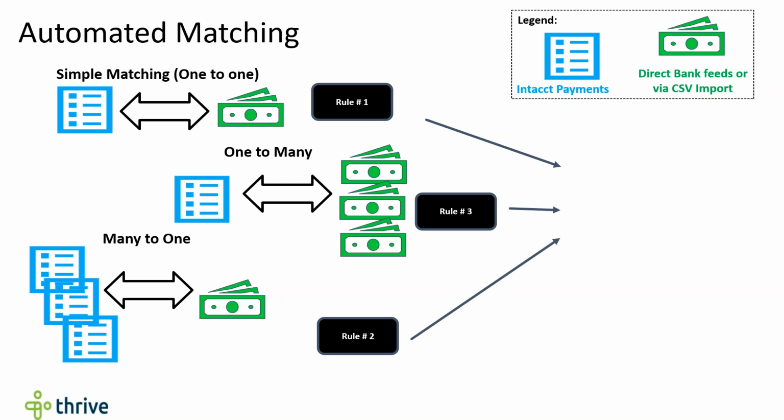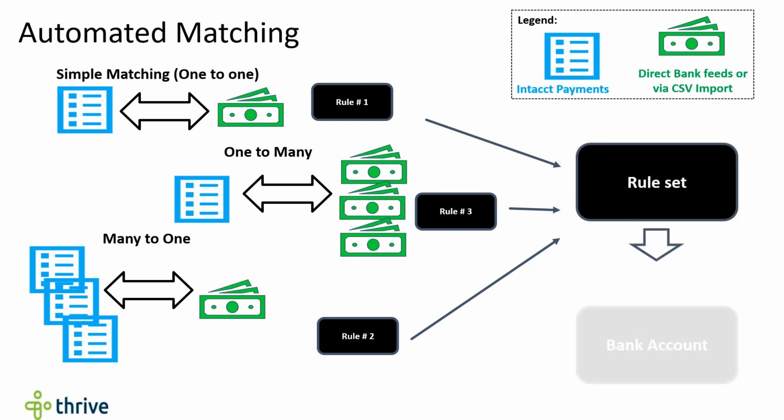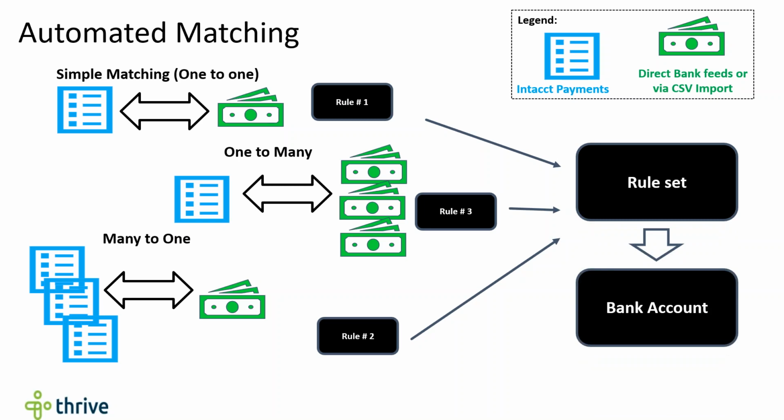You've also got creation rules that you can work with, which is also part of what we're going to have a look at. Any of these rules that you set up all get put into a rule set, and once they're in the rule set, they're then attached to the bank account itself. You can only have one rule set attached to the bank account. However, you can have rules in many different rule sets, so you're not limited in how you need to set this up for your individual banks.